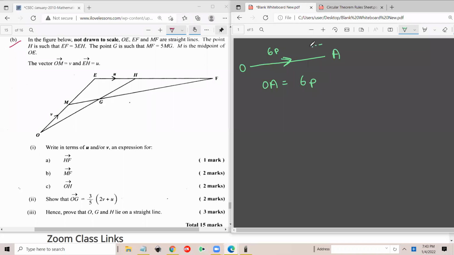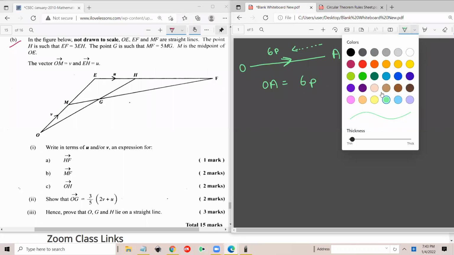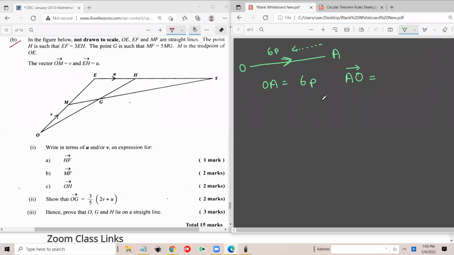If we go against the arrow, like we go from A to O, what would be the value of the vector? We have to remember to change the sign, right? People are sending the correct answer. When you're going against the arrow, it will become minus 6p. Remember, you can't forget the letter p, right? That was a key thing in vectors.